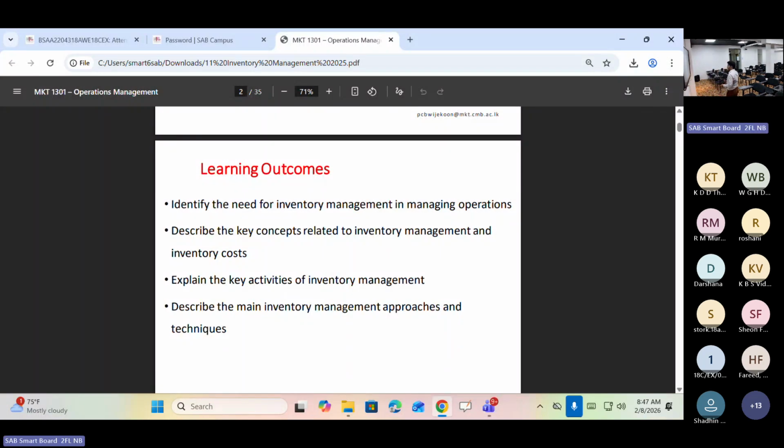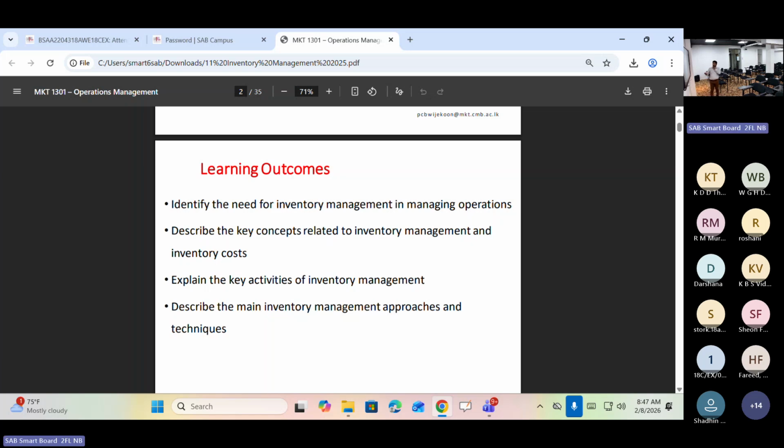Then we identify the key inventory management related activities that are commonly practiced in industries, and then describe different inventory management approaches and techniques at the basic level so that you can quickly understand some of the basic techniques used in inventory management.